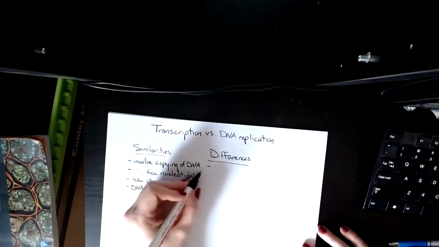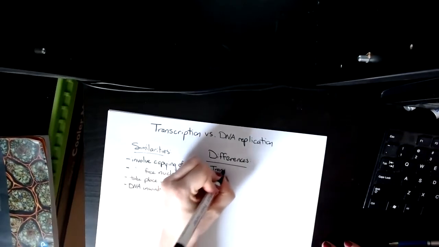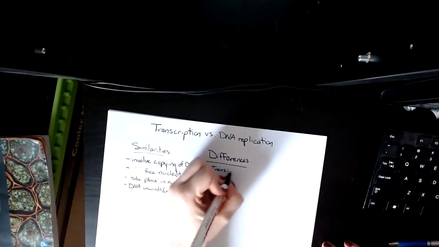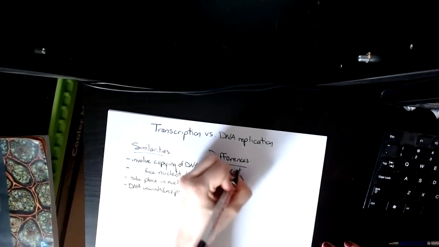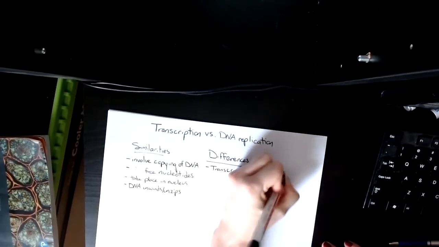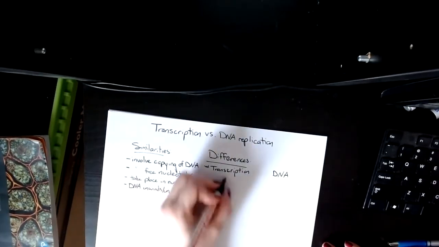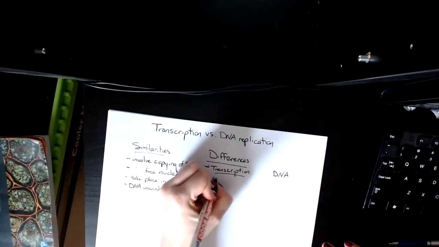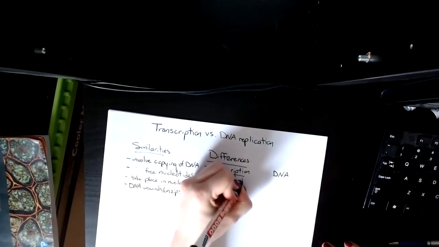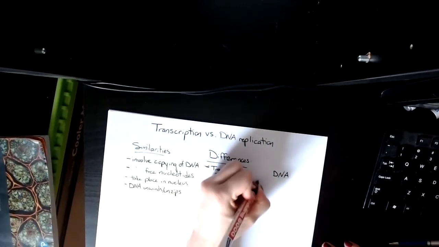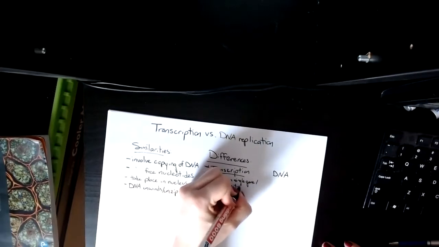So yes, you're copying the DNA, but while you're copying in both of them, in transcription you're copying only part, a single gene or a small section of the chromosome.